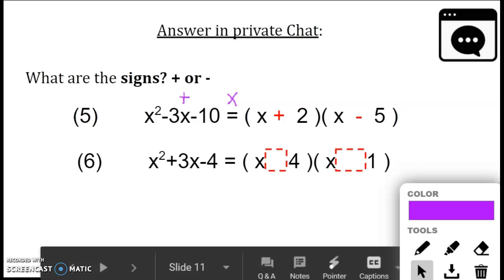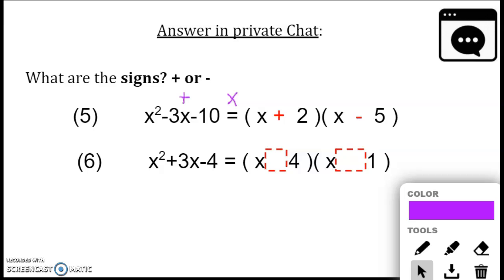What about the next problem? Okay, I've given you the two constants, 1 and 4. One of them has to be negative, one of them has to be positive, right? Because we want the two numbers to multiply to get negative 4, but the sum has to be positive 3.